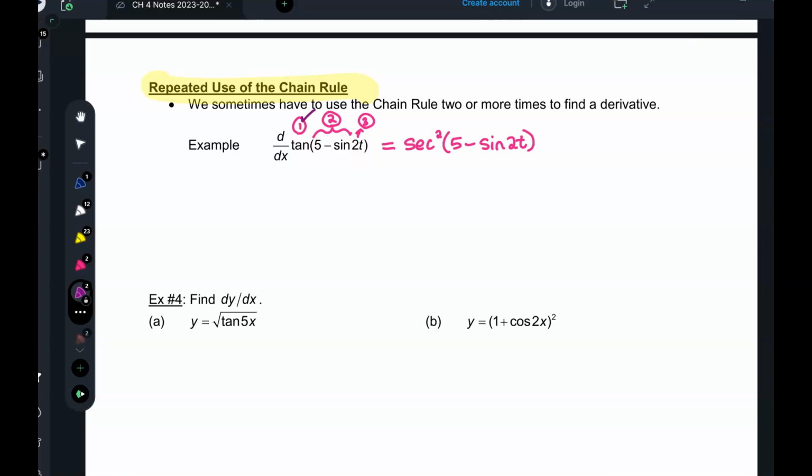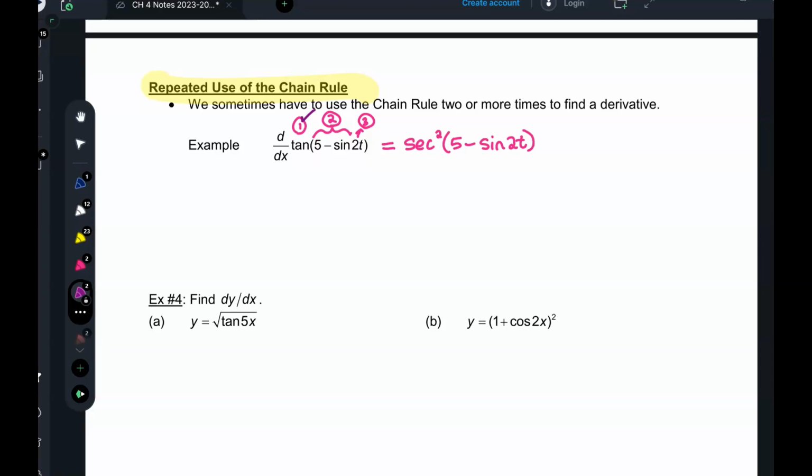This has 3 parts to it. When we have 3 compositions, we have 3 steps. When we have a composition of 2 functions, we have 2 steps. So now, basically ignore tangent. We're done with tangent. Just look at step 2. This is now my new outside and my new inside.